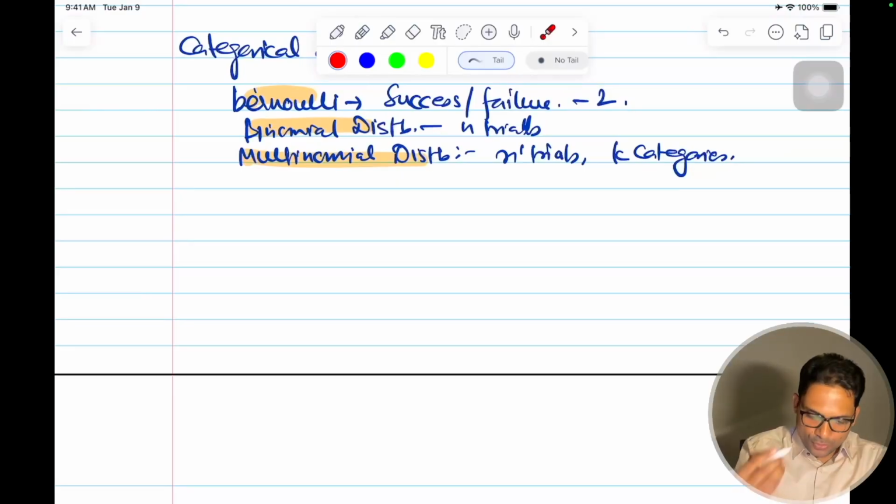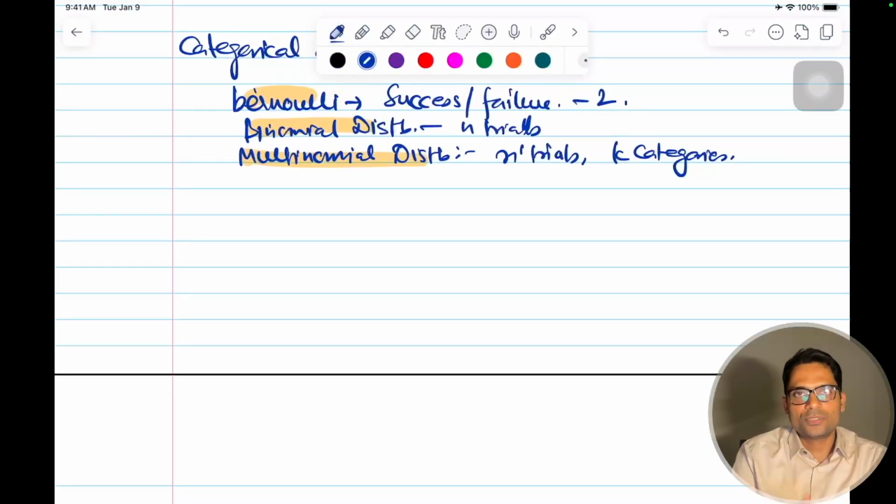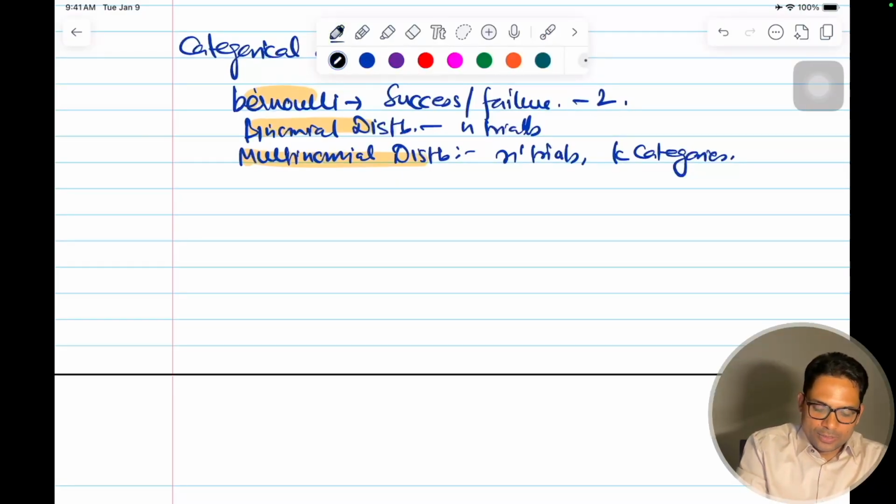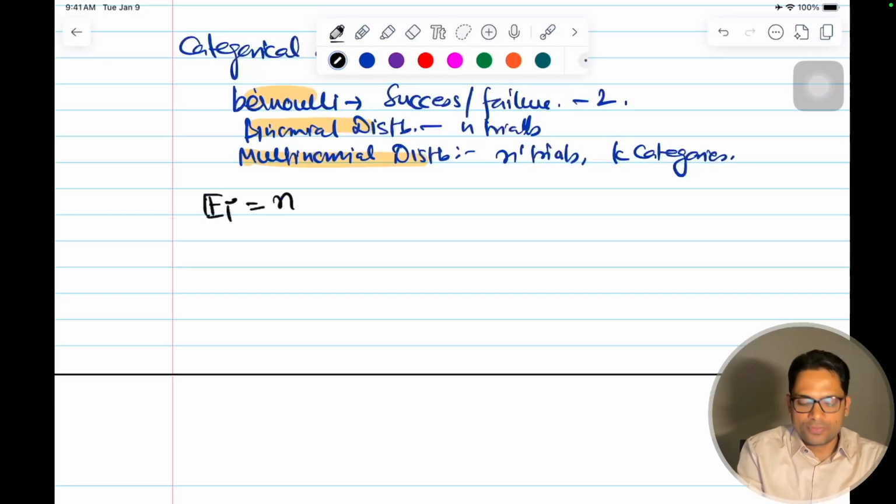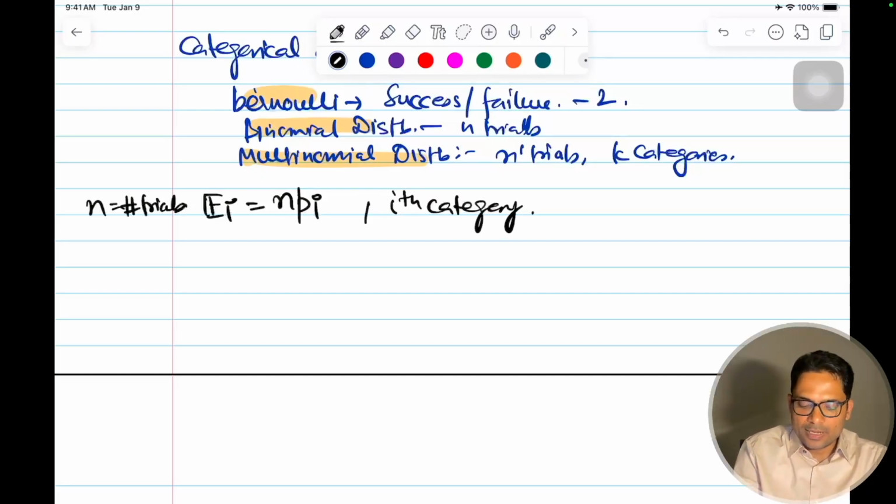If you know the multinomial distribution, the expected value of the ith category is n times the probability of the ith category, where n is the number of trials and i goes from 1 to k.